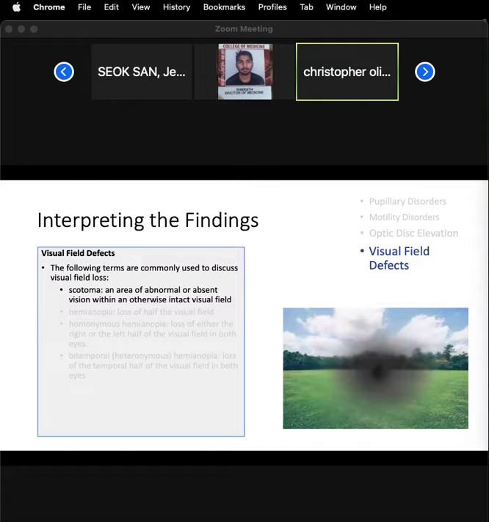Okay, for visual field defects, it means they have scotomas, blind spots. So you can do this through perimetry study or confrontational field testing. But the thing is, when do you do it? Sometimes when the patient comes in, they will tell you there's blurring of vision.